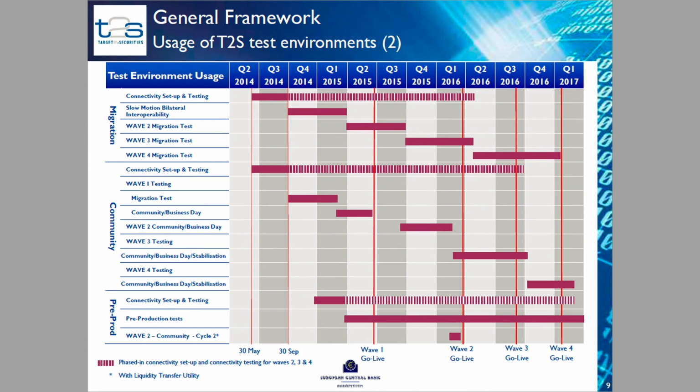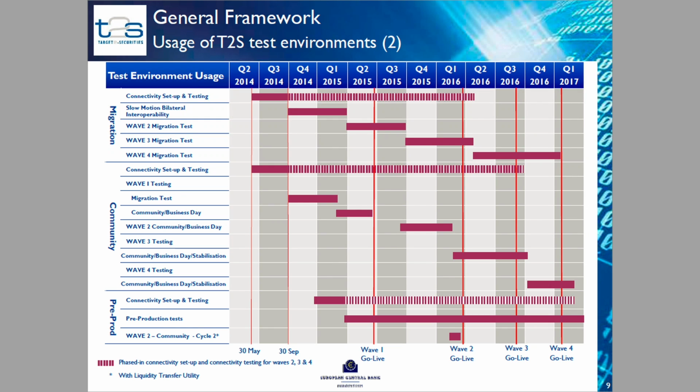Thereafter, the migration test environment is purely dedicated to migration testing. This is exactly what Holger explained earlier, that we have some pre-migration and also some migration weekends to test. This is the test environment where all of this will take place.